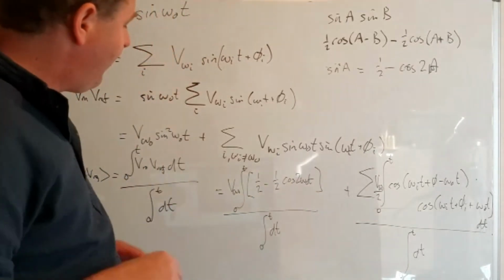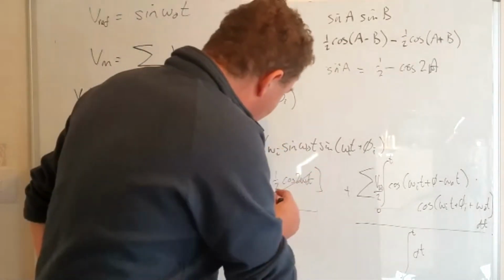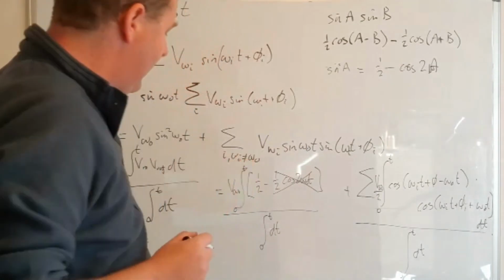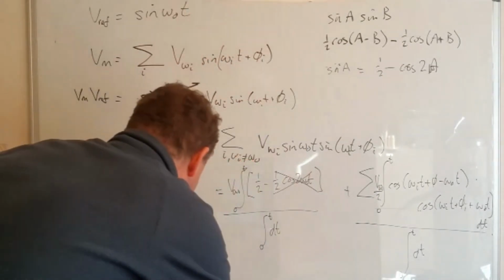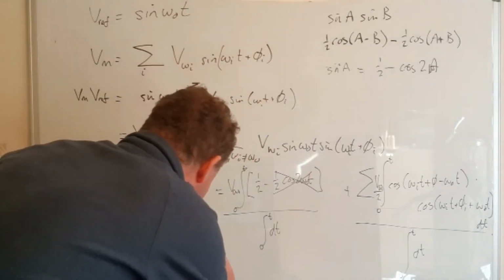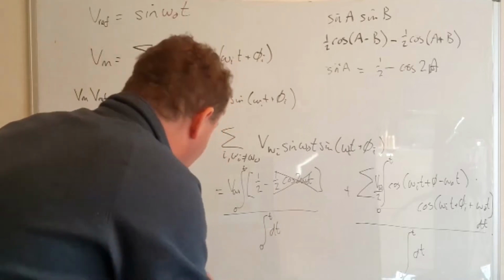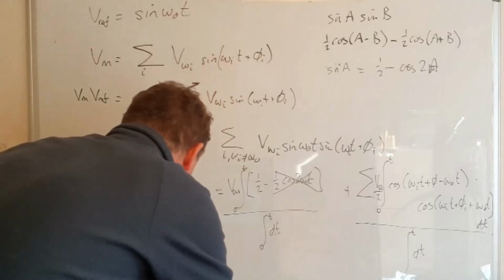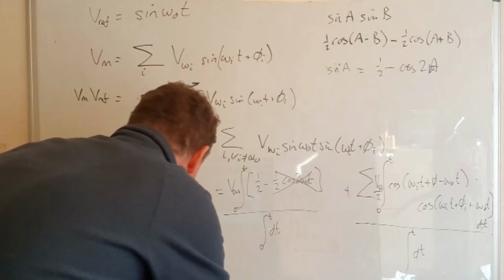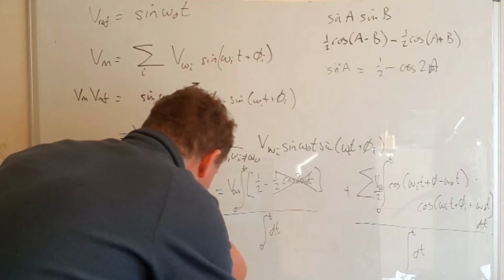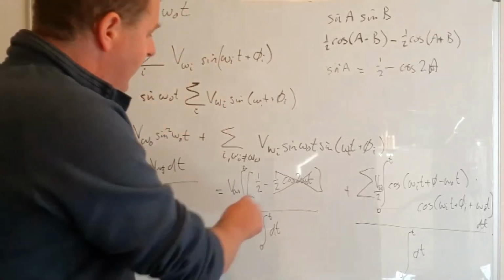So in fact, we can lose that term so long as we keep t big enough. So long as the t we're integrating to is such that 2 omega naught t is much, much bigger than 2 pi, then we can lose that integral.